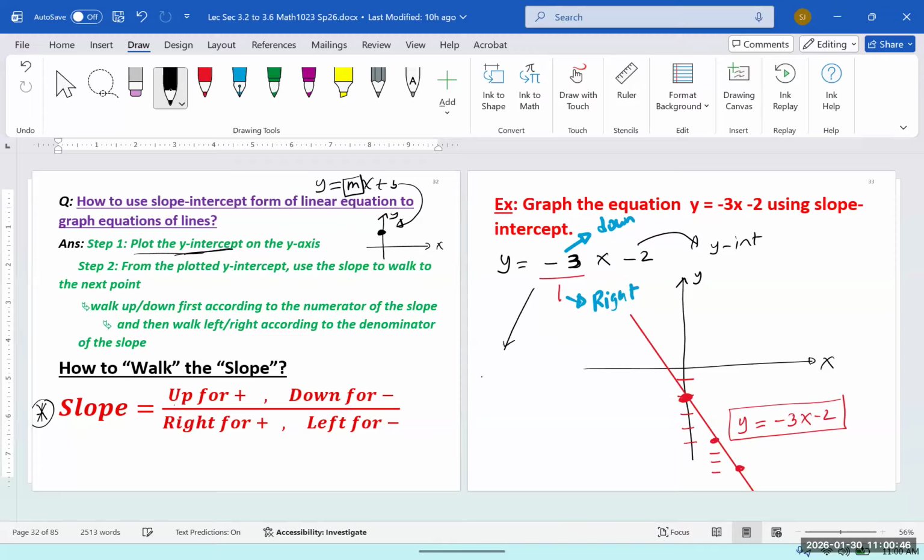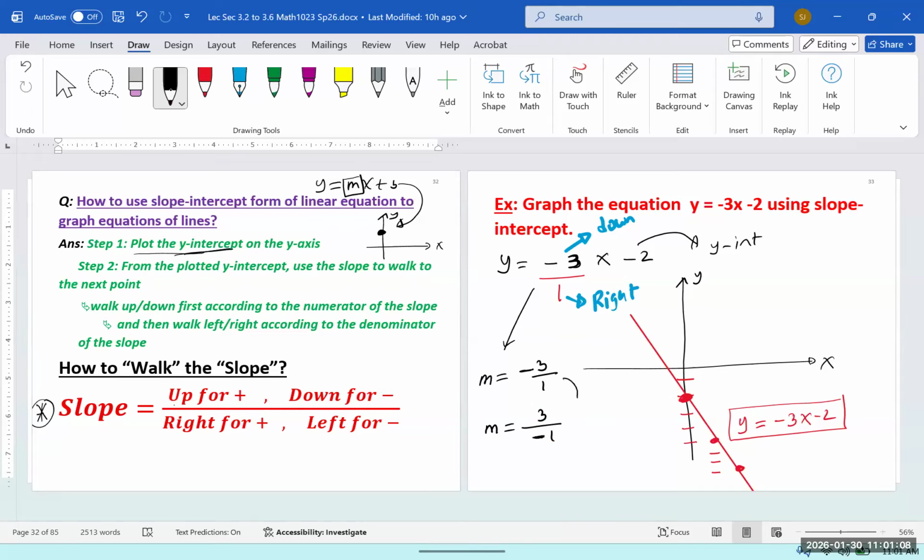So we have slope is negative 3 over 1. But we can say slope is 3 over negative 1. Because when your fraction is negative, either that negative is on the numerator or you can put that negative on the denominator.